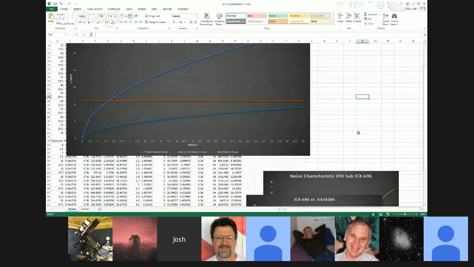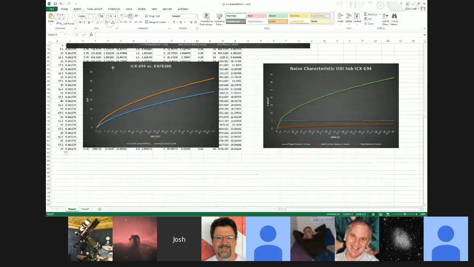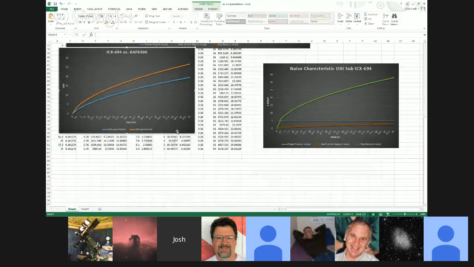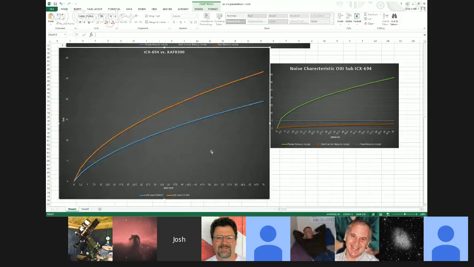You get the same image scale and a little bit better QE. You could probably put it on a graph where the difference in aperture would make up for the quantum efficiency and the performance of the sensor.